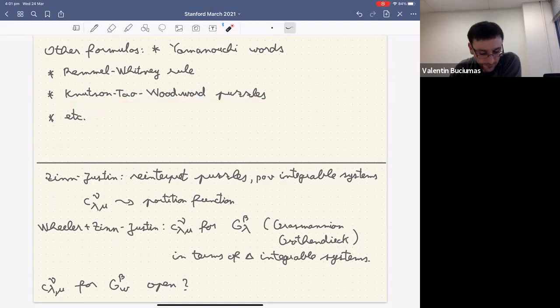It was a big breakthrough of Zinn-Justin, where he reinterpreted these puzzles from the point of view of integrable systems. The integrable systems will be slightly different in the sense that they will be triangular. But essentially, they will work in the same way.